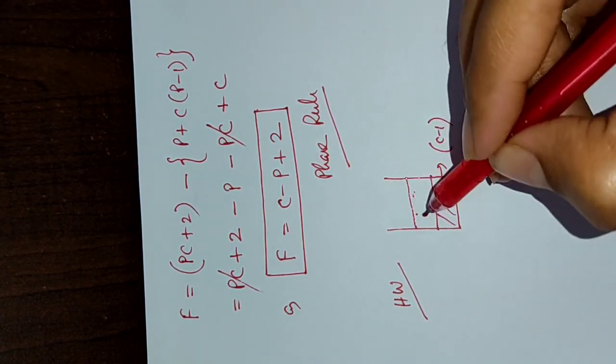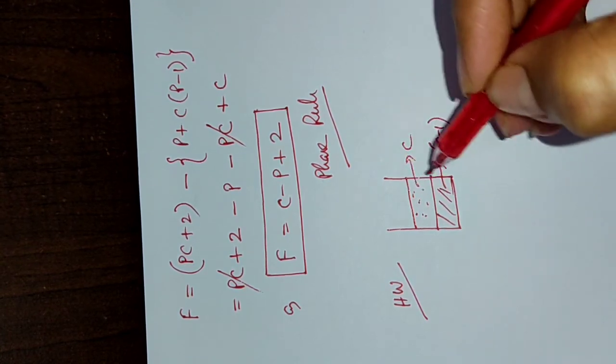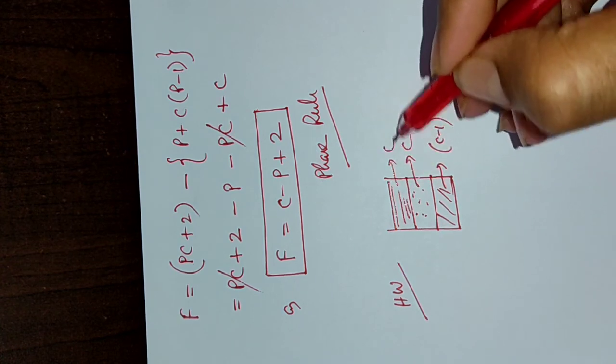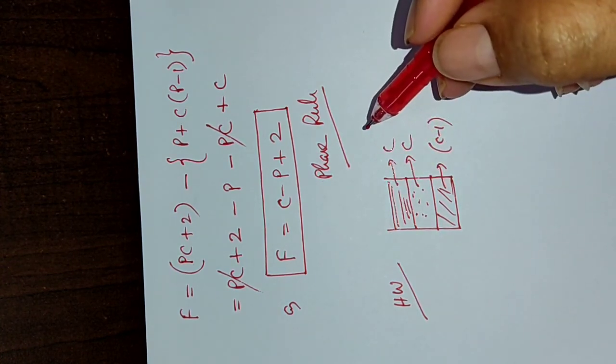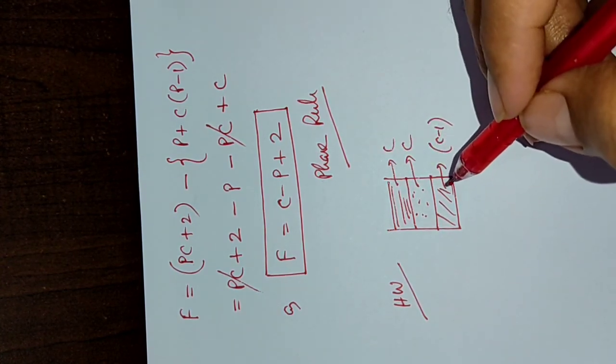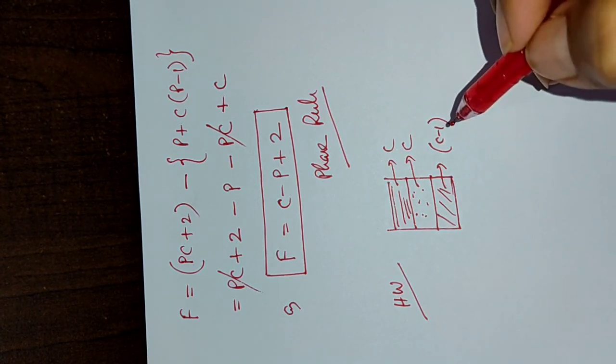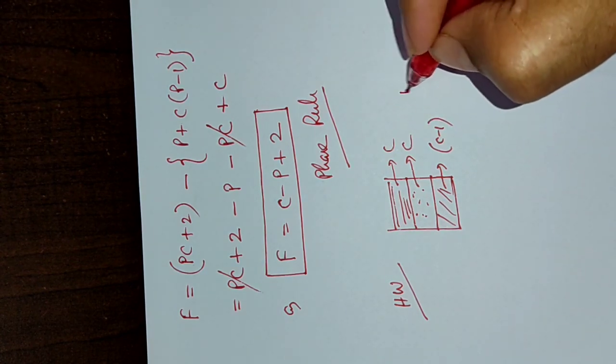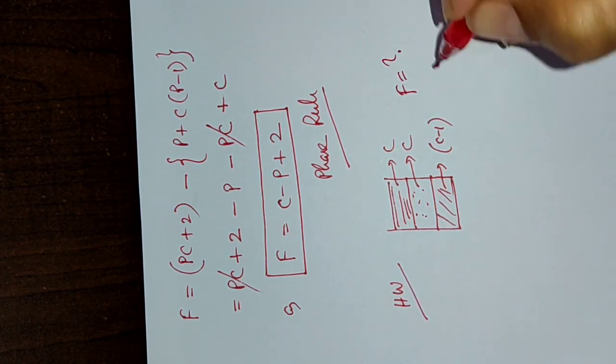This phase contains C number of components. This phase also contains C number of components as before. Only one phase is devoid of only one component. For this case, try to derive the phase rule. This will be your homework.